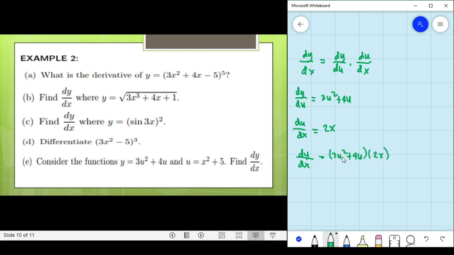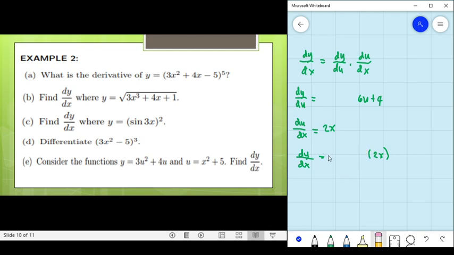Okay, and the derivative of this is 6u plus 4. This is the derivative of y with respect to u.